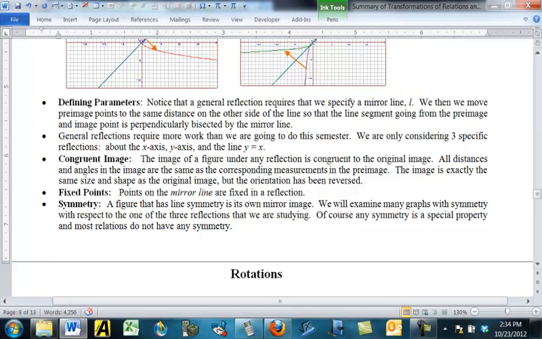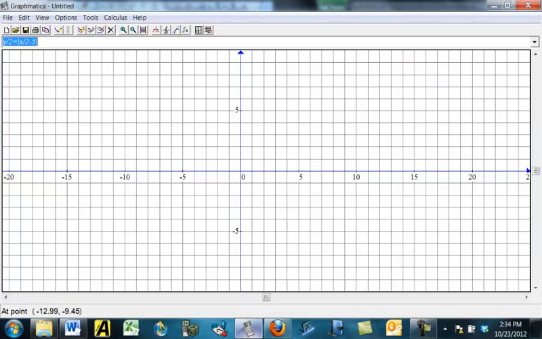Actually, before we go on to that, I'm sorry, let's look at some examples here. So if I take y equals absolute value of x plus 6, okay, that's going to be a right angle, but notice it's been shifted to the left 6 from the origin, and so we have a nice right angle.